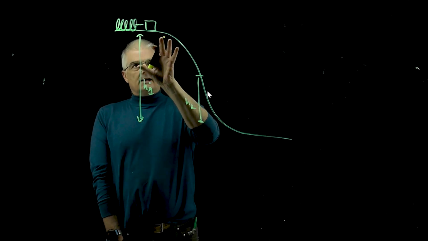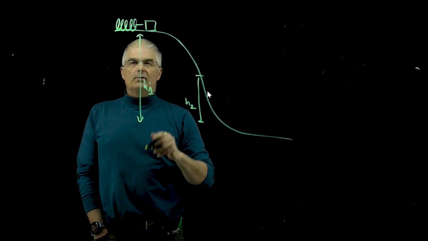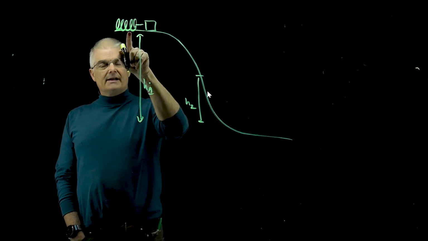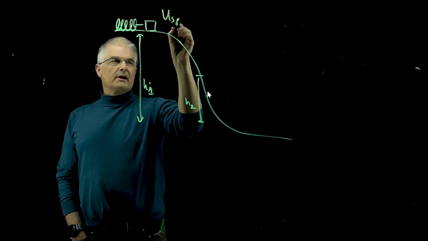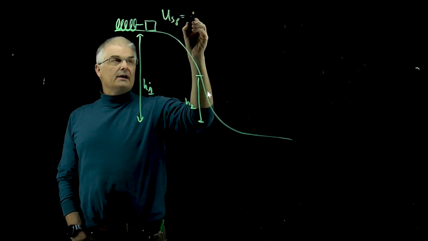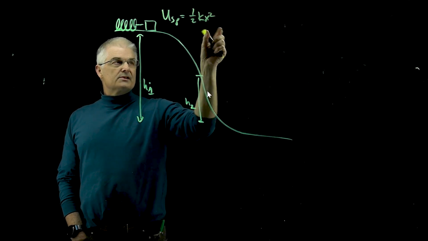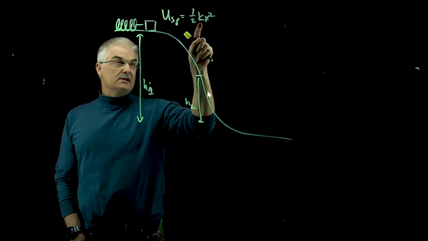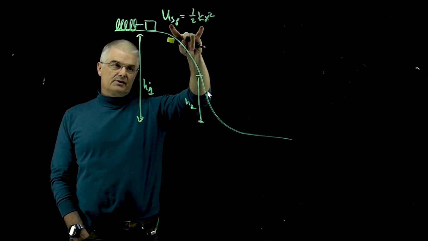At the beginning, when the block of wood, let's say on a frictionless ramp, the only energy it has, because we've compressed the spring, is going to be the U spring. If you recall, that's 1/2 kx squared, where x is the compression of the spring and k is the spring constant. So that's all of the energy of the system here.